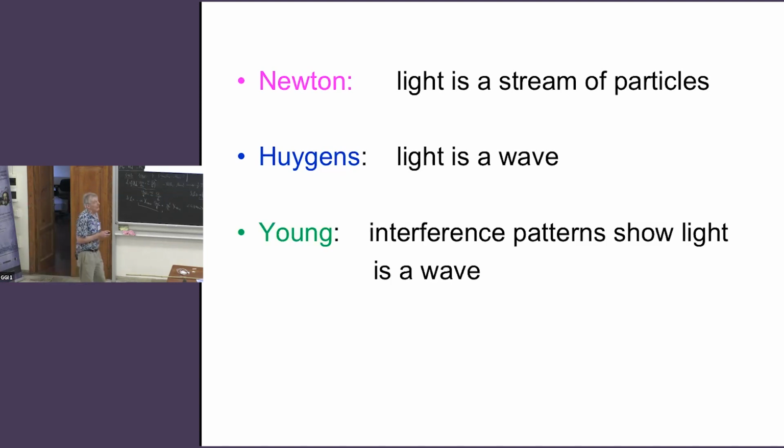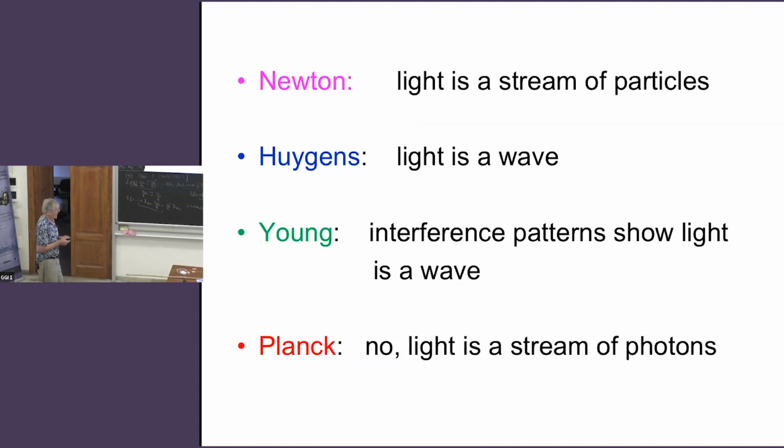Well, Young and others showed that you can make interference patterns in light, and that shows that it is a wave. But it turns out that's not the final story. Planck showed, no, light is actually a stream of photons, so it's a stream of particles. So this is the real world, okay? I think we have to keep this in mind when asking what is the dark matter, because that's the complexity of stuff that we already know.